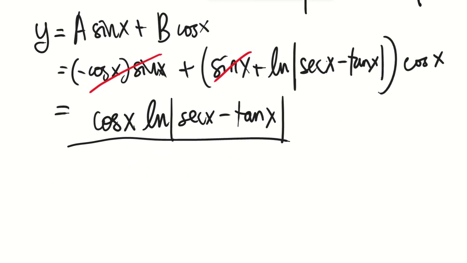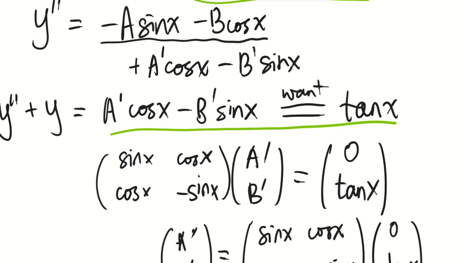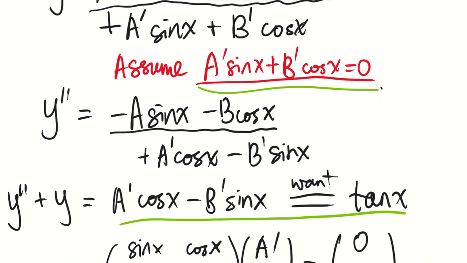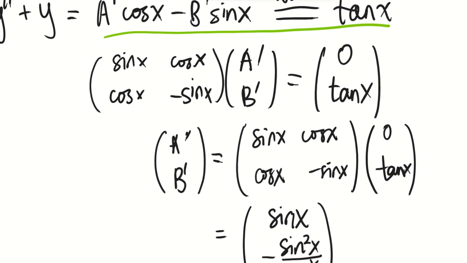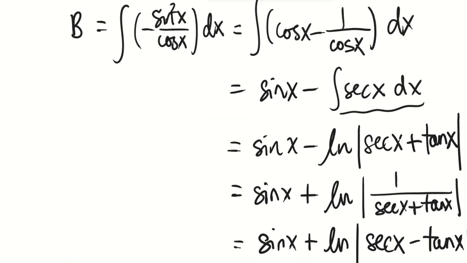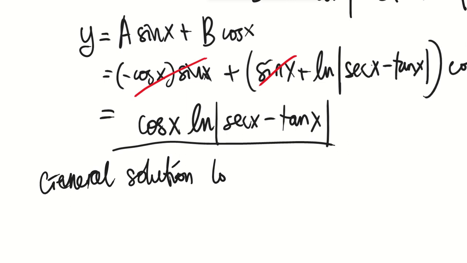But now, using this technique, which is to swap the constants into functions and also add this particular condition to simplify our workings, we can actually find a prime and b prime, and then hence a and b. So what's the general solution to y prime prime plus y equals tangent x?